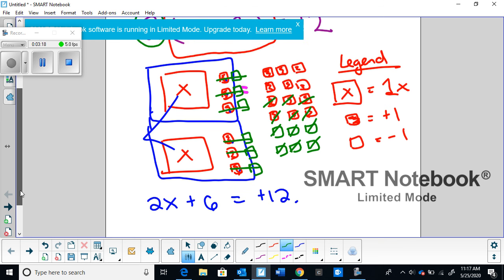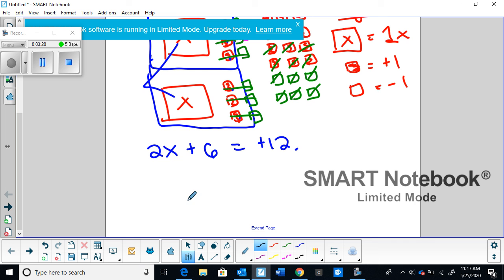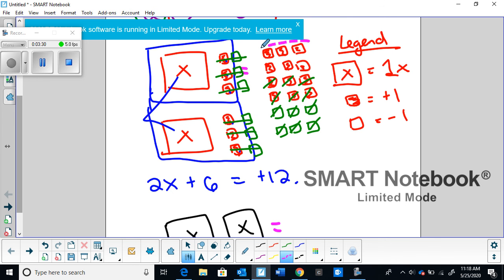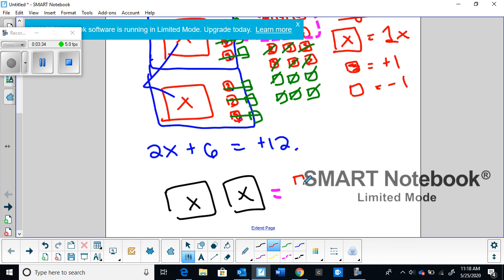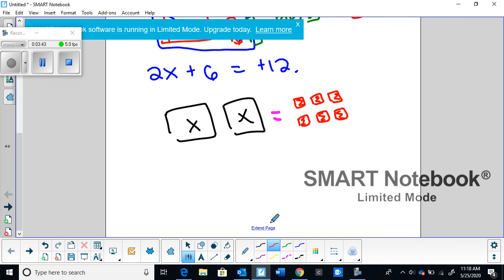So what I'm left with now is I've got these 2 X's. Okay, I didn't do anything with them. And they're equal to, and what we're left with up here is 6 positives. So 1, 2, 3, 4, 5, 6. And so what we have to do is figure out how many little positive ones go to 1X.